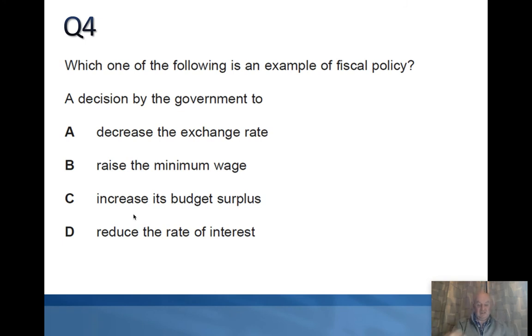What about reducing the interest rate? Well, no, because that's monetary policy. So raising the minimum wage is not directly fiscal policy. That is actually a supply side policy, as we'll see. But the answer to question 4 would be C, increasing the budget surplus. Remember, that's the difference between government spending and taxation.